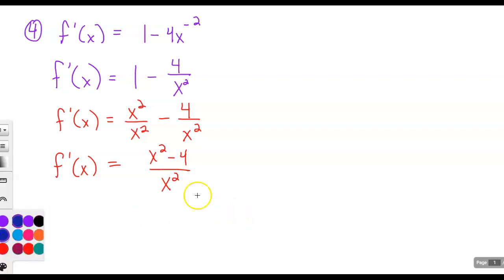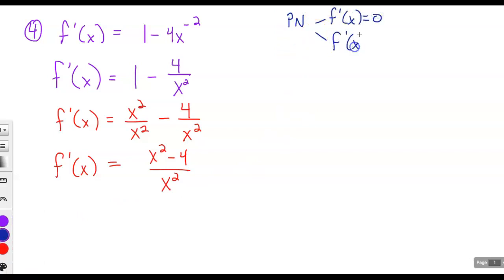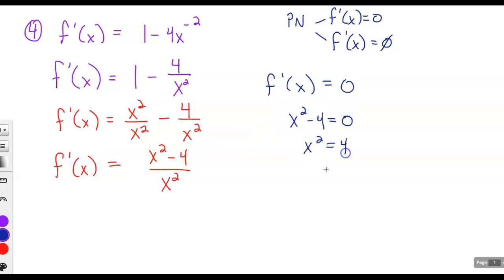So if you recall, your partition numbers are where your derivative is 0 and also where your derivative is undefined. Okay, so my derivative is 0 when the numerator of the fraction is equal to 0. So x squared minus 4 equals 0, x squared equals 4, and then we get x equals plus or minus 2.